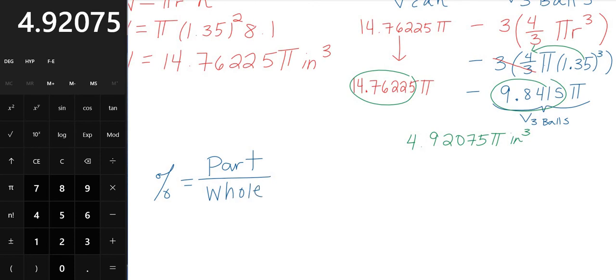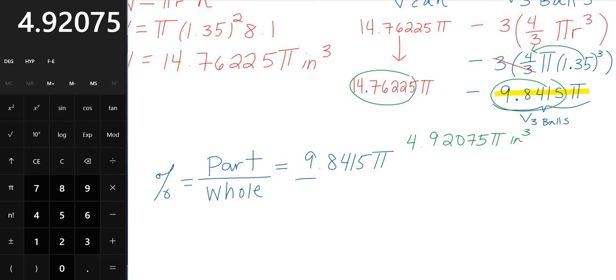So in this case, they're asking what part is taken up by the tennis balls. Well, the amount of space taken up by the tennis balls, we just figured it out in the last question. It was 9.8415 pi cubic inches. That's the part that's taken up by the tennis balls. So I'm going to have that as my numerator. So this piece here is 9.8415 pi. And again, you're going to be happy you kept it in terms of pi.